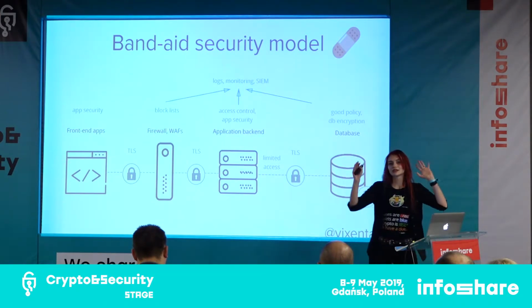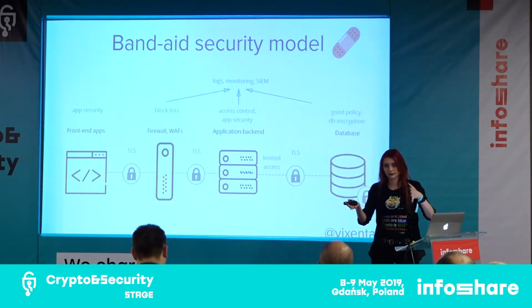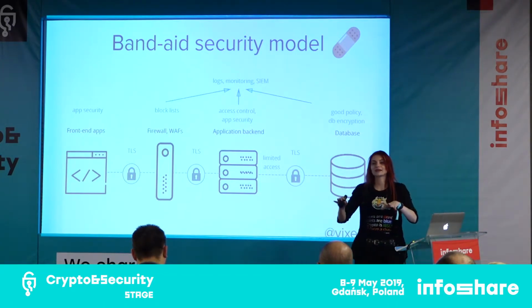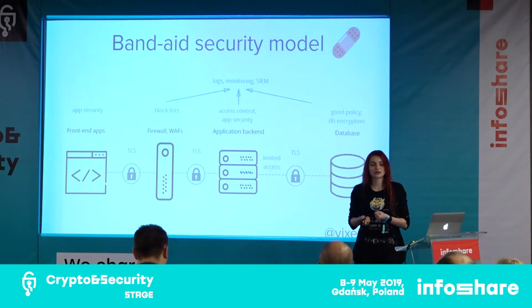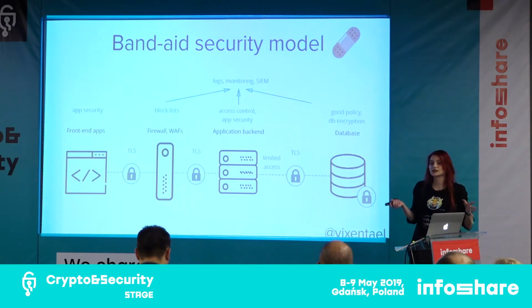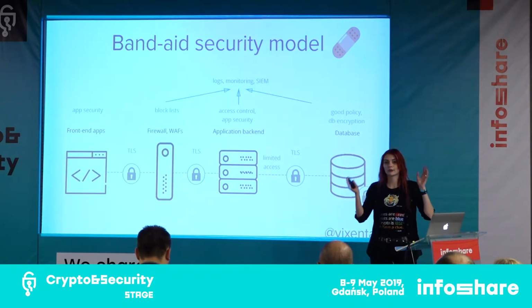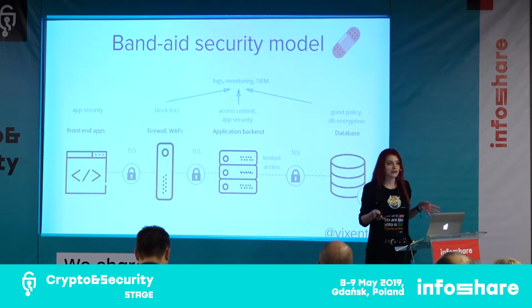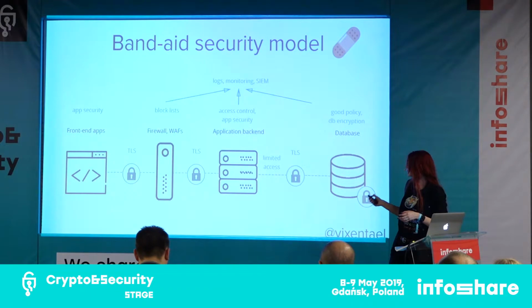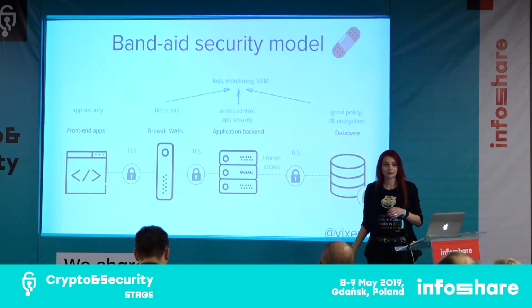Then we have a lot of secure coding. How do we code, application security? We have a lot of dependency management tools that check if we have vulnerabilities in our dependencies. Then all these actions are covered by logs, by monitoring, by anomaly detection systems, by SIEMs, and so on. And it kind of works this way until it's broken.